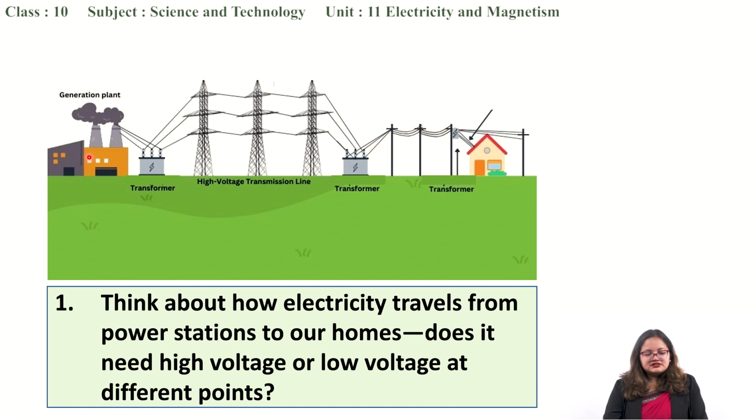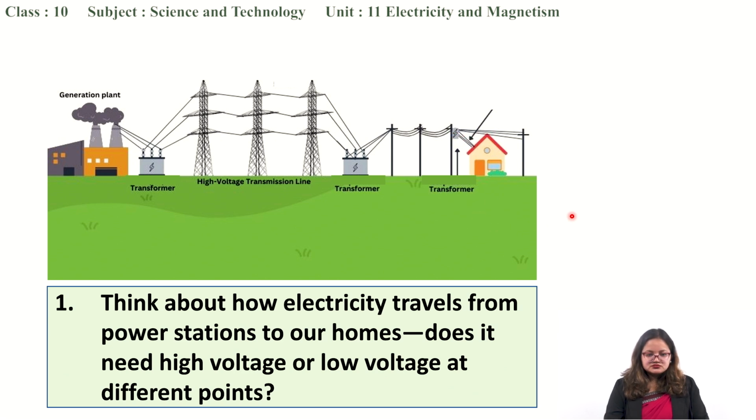First, near the generation plant, once the current or EMF is induced in this generator, a transformer is used to transmit this voltage, right? And when it reaches the substation, further this voltage is transferred to the electrical poles around our houses. And near our electrical poles, there is another transformer which again alters the voltage level.